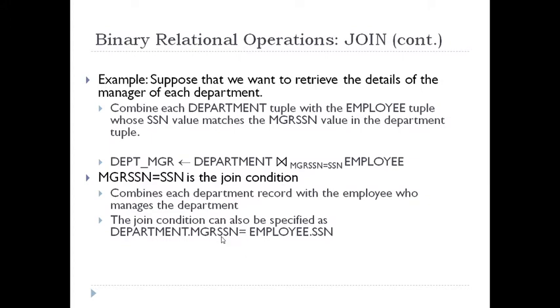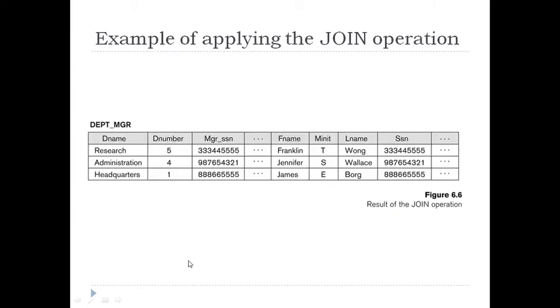So like this also you can write. It will say from which relation you are referring the attribute. In case the attribute names are the same or there is redundancy, then you can specify them using the relation name.